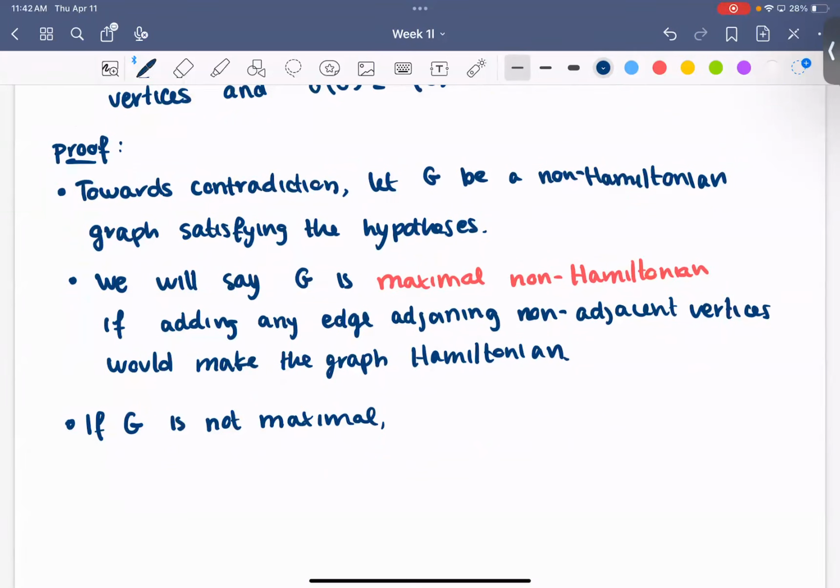We're going to show that such a counterexample must be maximal, and then we're going to use the maximality in some way to make a contradiction. So right now we're ruling out the possibility that G is not maximal. If G is not maximal, then there is some edge we could add to it, and it would still be non-Hamiltonian.